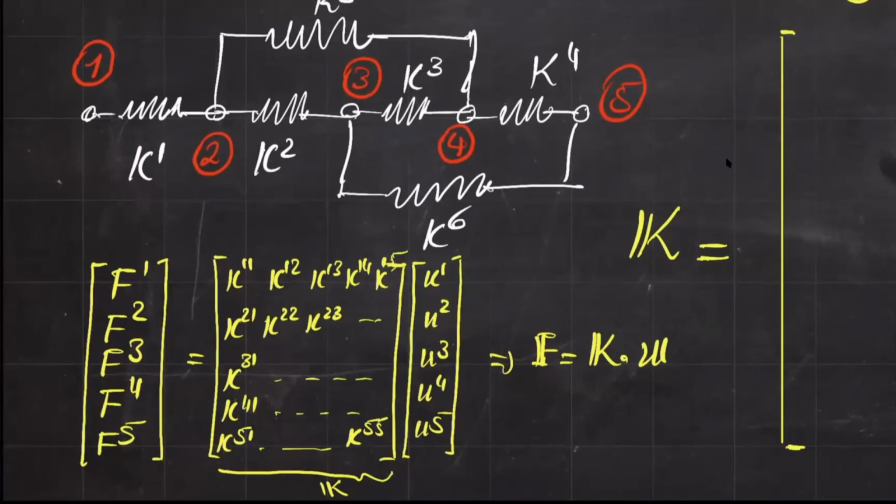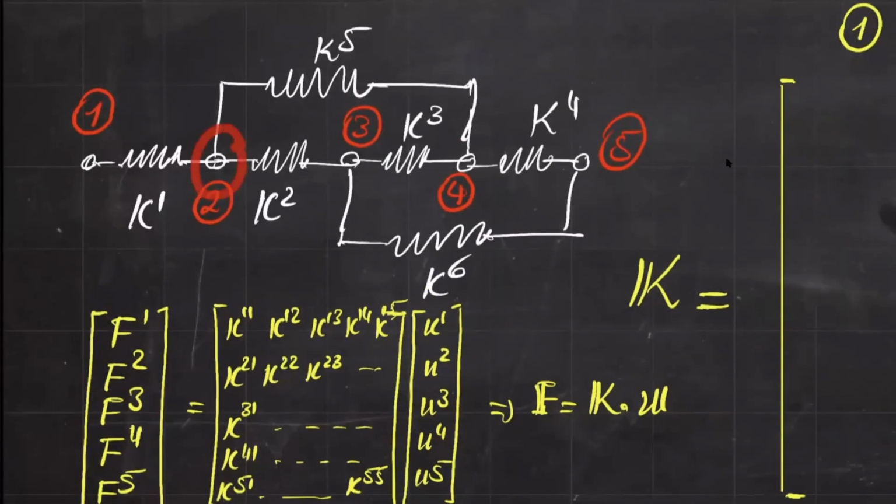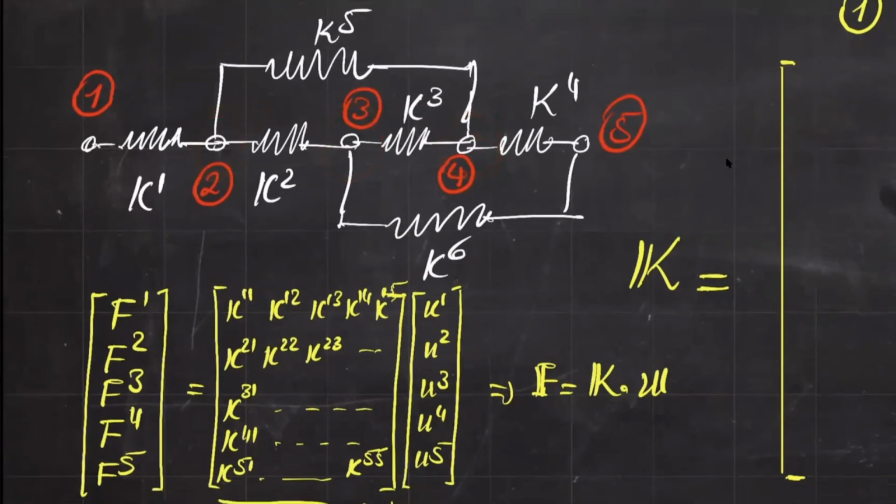So here on points 2, 3, and 4, the forces are 0. It's a problem definition. They don't have to be. If you had an external force, of course, you just enter the value there. But in this case, we actually know that F2 is 0, F3 is 0, F4 is 0. Okay, so this is sort of a constraint to the problem so that you can solve it and you can get a response.